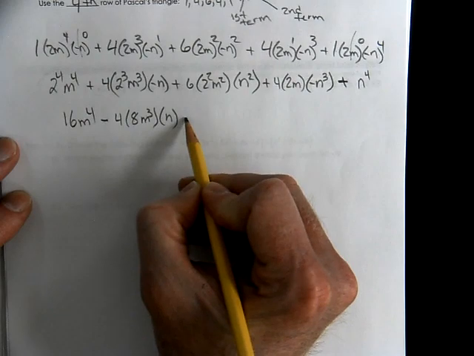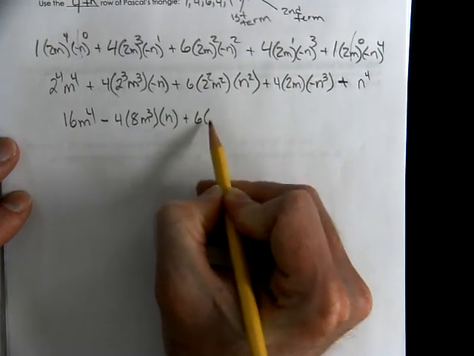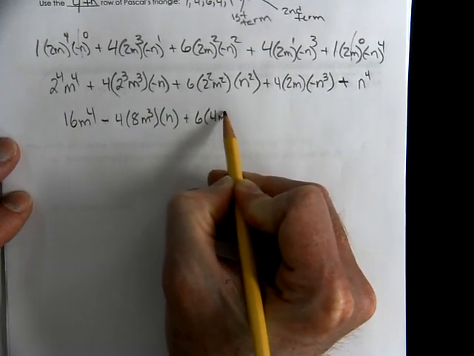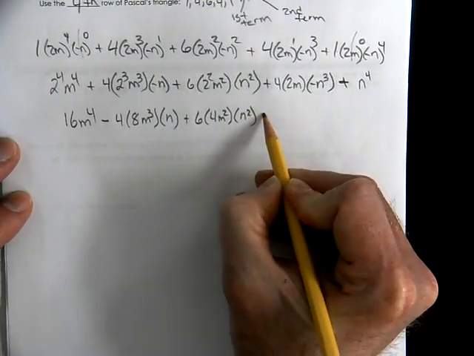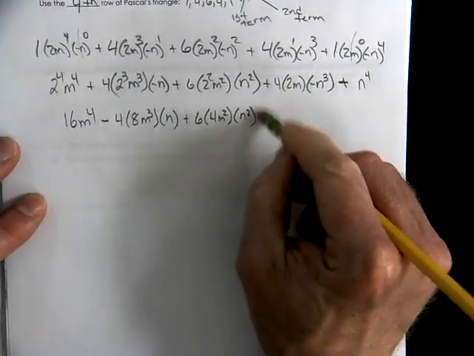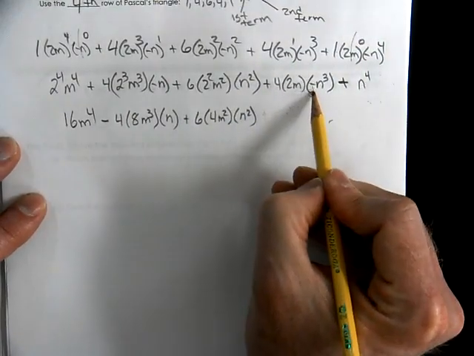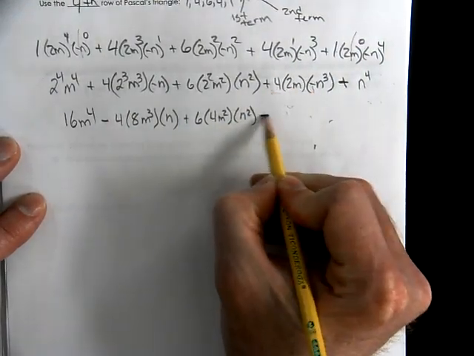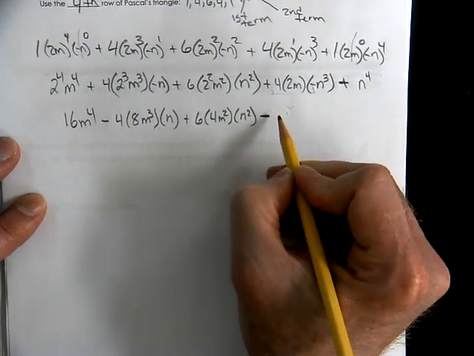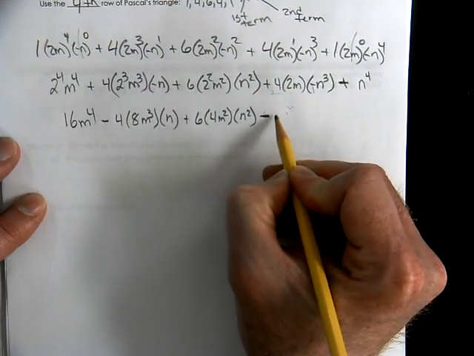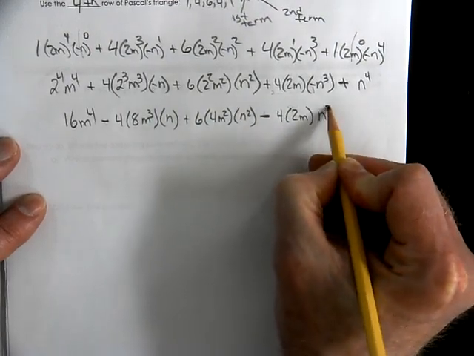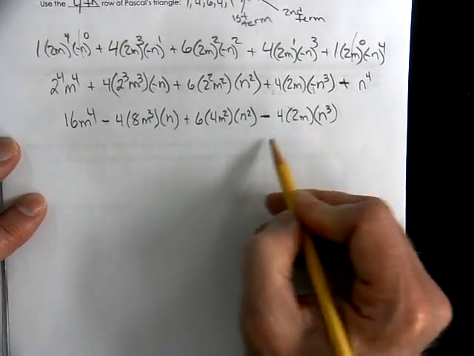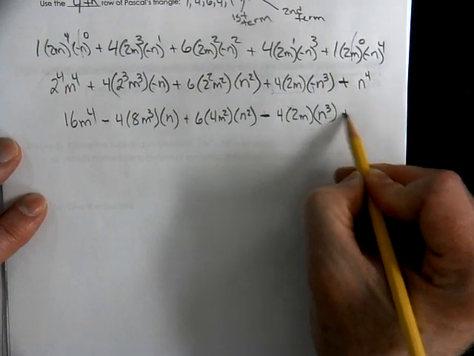No negative here. So this is 6 times 4m squared, n squared. Whoops. This has your negative. Negative and a positive makes it a minus. 4 times 2m n cubed. If you want to multiply those out right away, you can.